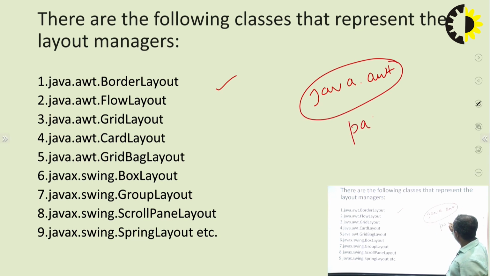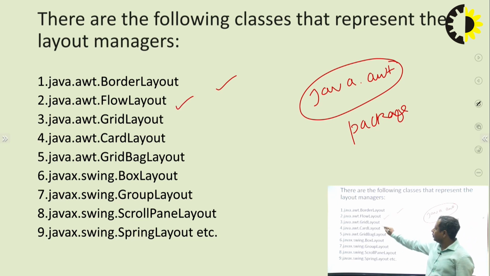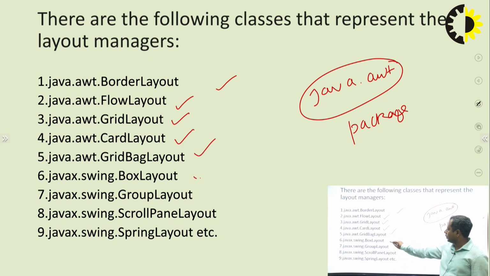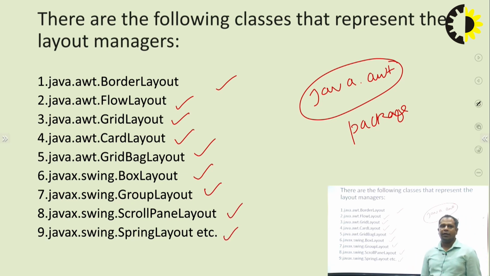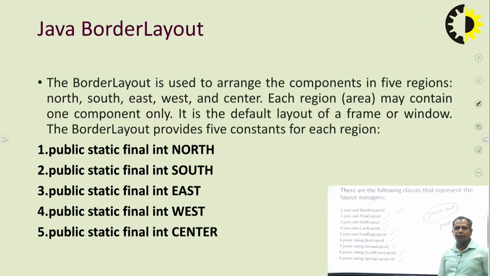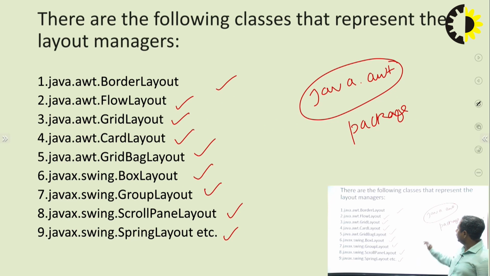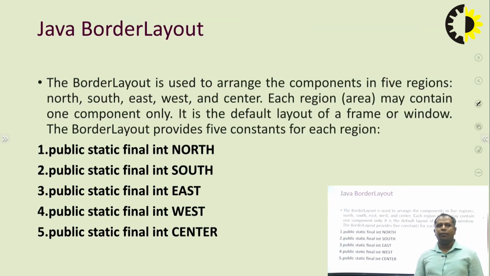These classes are BorderLayout, FlowLayout, GridLayout, CardLayout, GridBagLayout, BoxLayout, GroupLayout, ScrollPaneLayout, SpringLayout, etc. These are the classes which represent layout managers, and they are available in the AWT package. Now we will discuss these layout classes one by one.